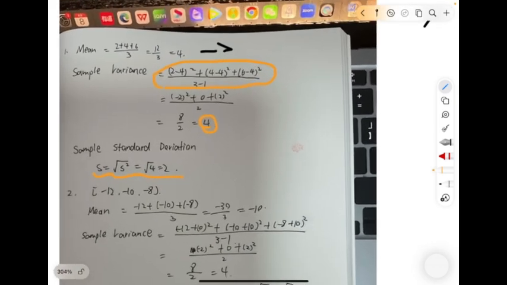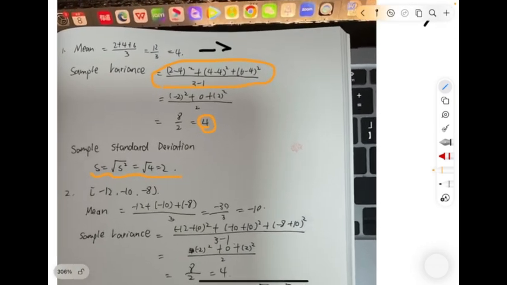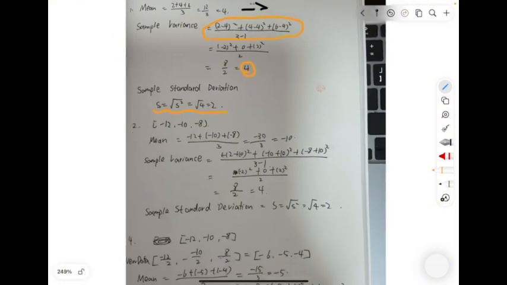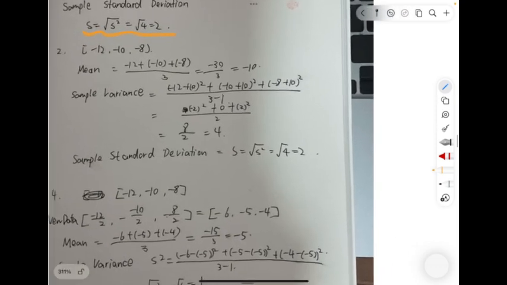It is easy because we can calculate this data with the formula.